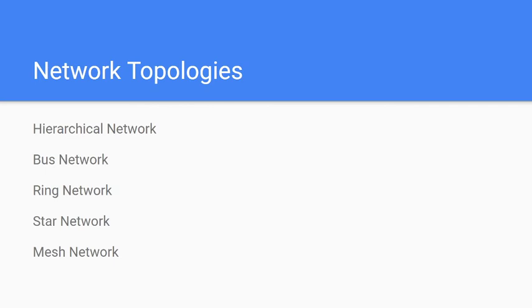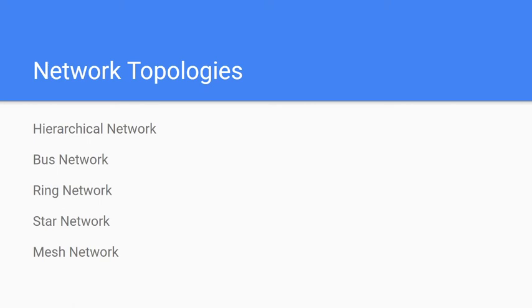We have a ring network, in which each of the computers or routers or whatever are connected back and forth in a ring, so each one's connected to 2 others that eventually loop back around and connect to itself.